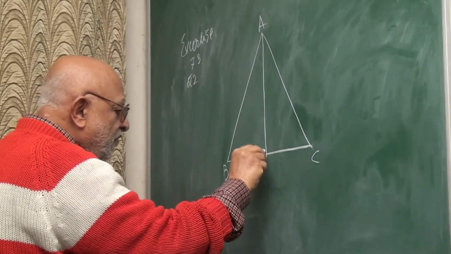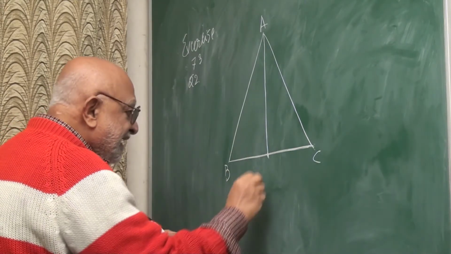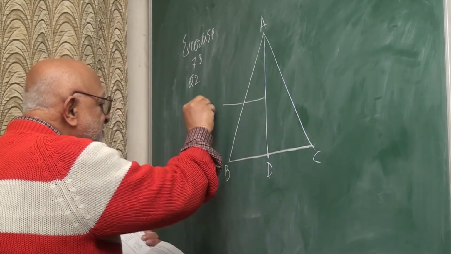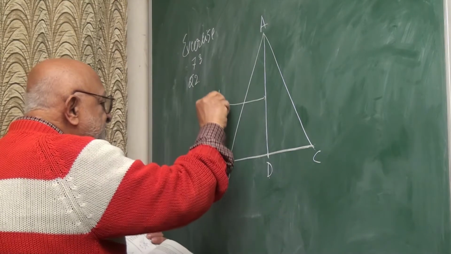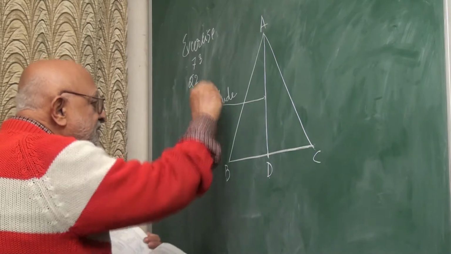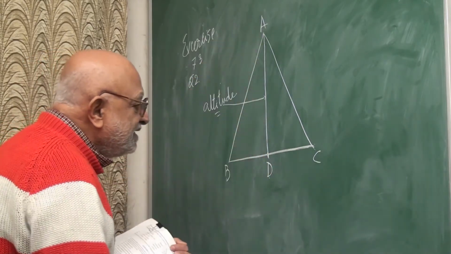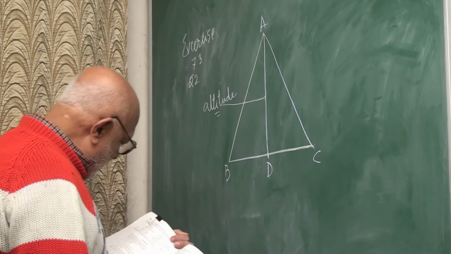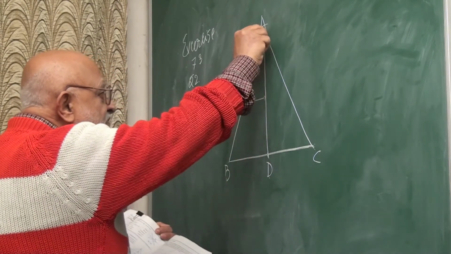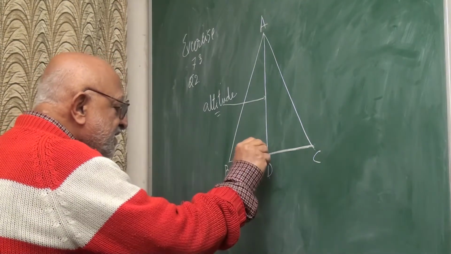I hope you know what altitude means. Altitude is AD. Altitude means height. So it exactly measures the height. It is given that a perpendicular is drawn on BC. So this is given.